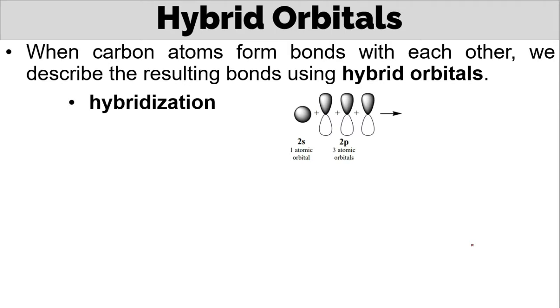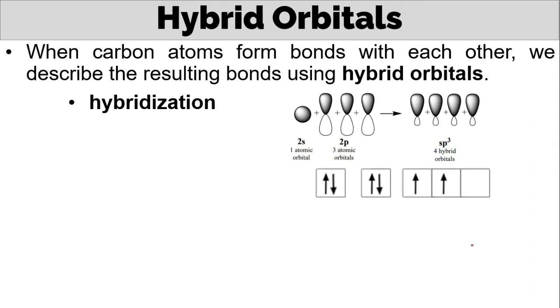Okay? So when carbon atoms bond to other atoms, the 2s orbital and all three 2p orbitals in the valence shell combine to produce four sp3 hybrid orbitals. So how did it become like this? Let's look at the orbital diagram of carbon. This shows the carbon atom in its ground state.